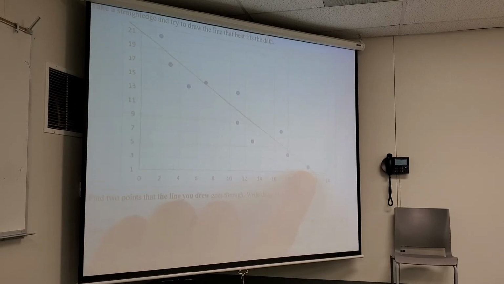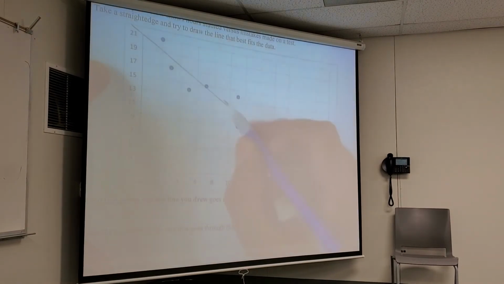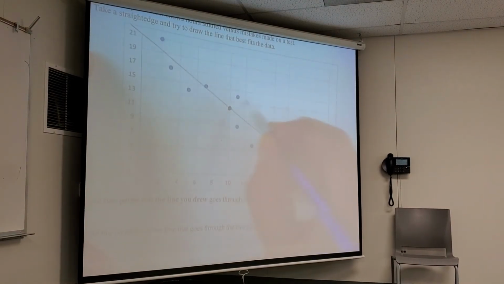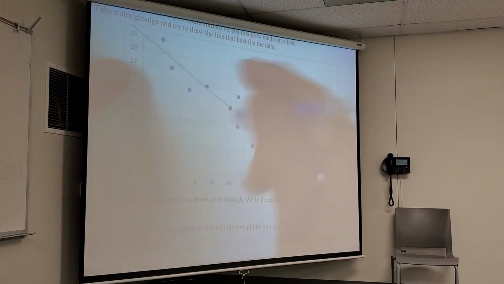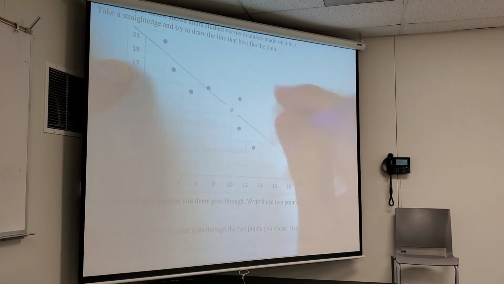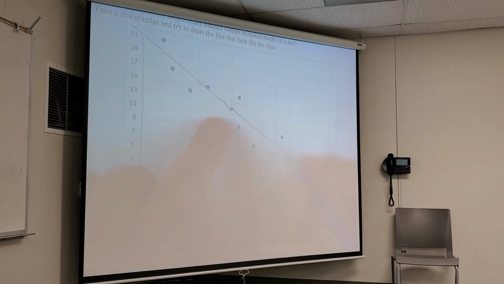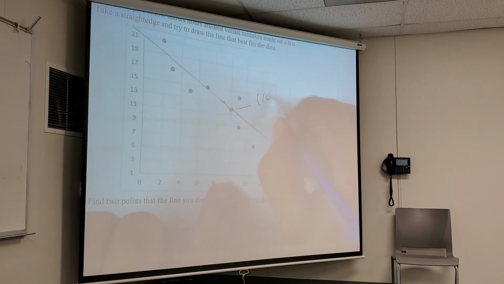And it goes through this point right there. So you might have to pick a point that isn't actually a data point, which is perfectly fine. Because like I said, your line of best fit doesn't have to go through anything. So my 2 points would be (10, 12) and (21, 2).